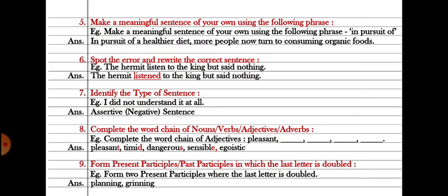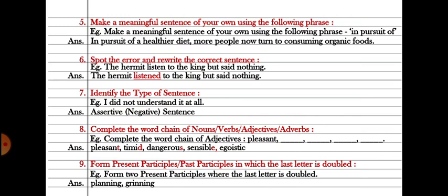Question number 7. Identify the type of sentence. Now, based on their function, sentences are broadly classified into 4 kinds: assertive, interrogative, imperative, and exclamatory.